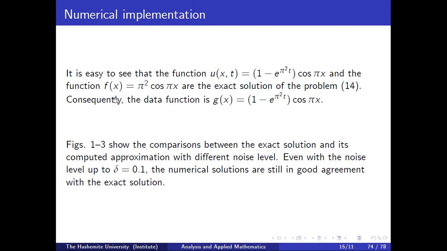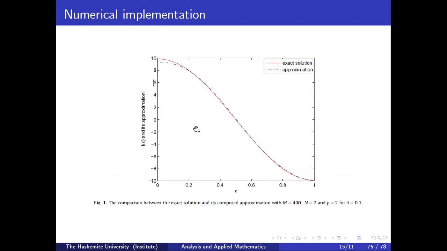So I gave an example, where we know the exact solution, so we can compare the numerical and exact solutions. This is, for example, the values of F. This is the exact, and this is the numerical, for example with noise level 0.1.